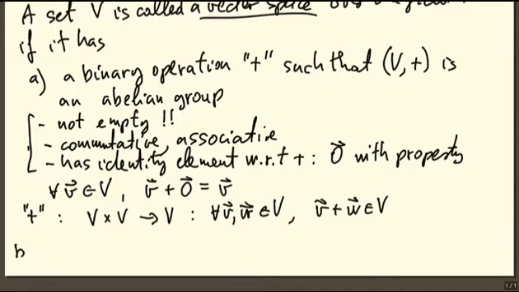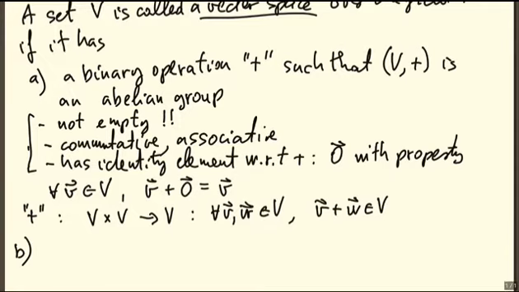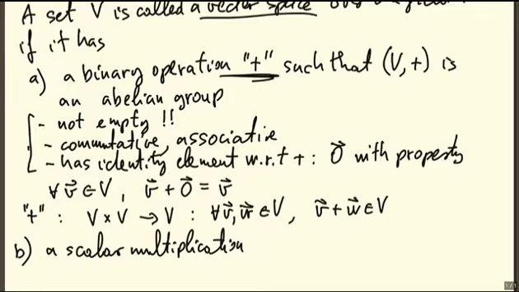Property B of a vector space is that it has a scalar multiplication in addition to the addition.